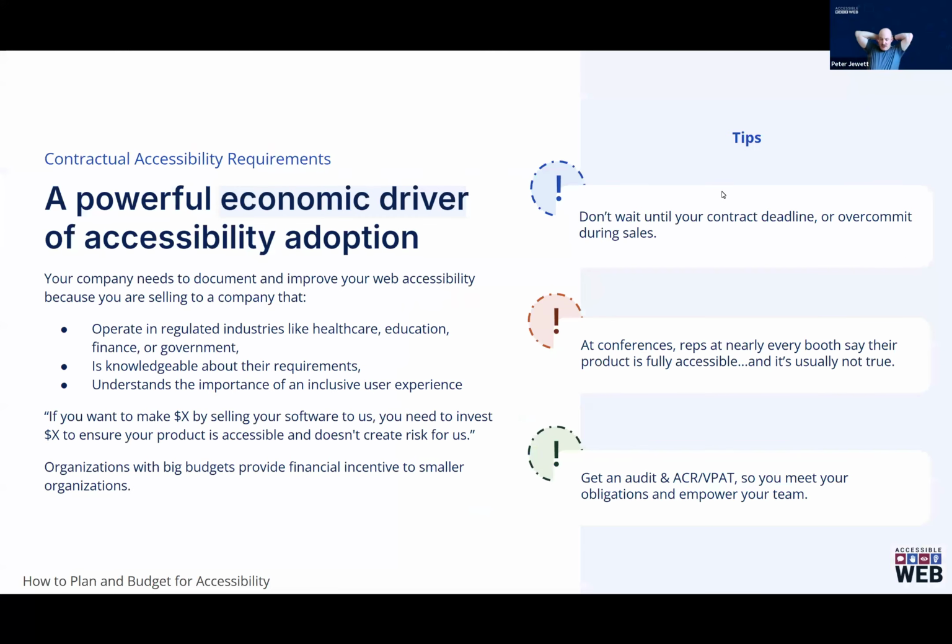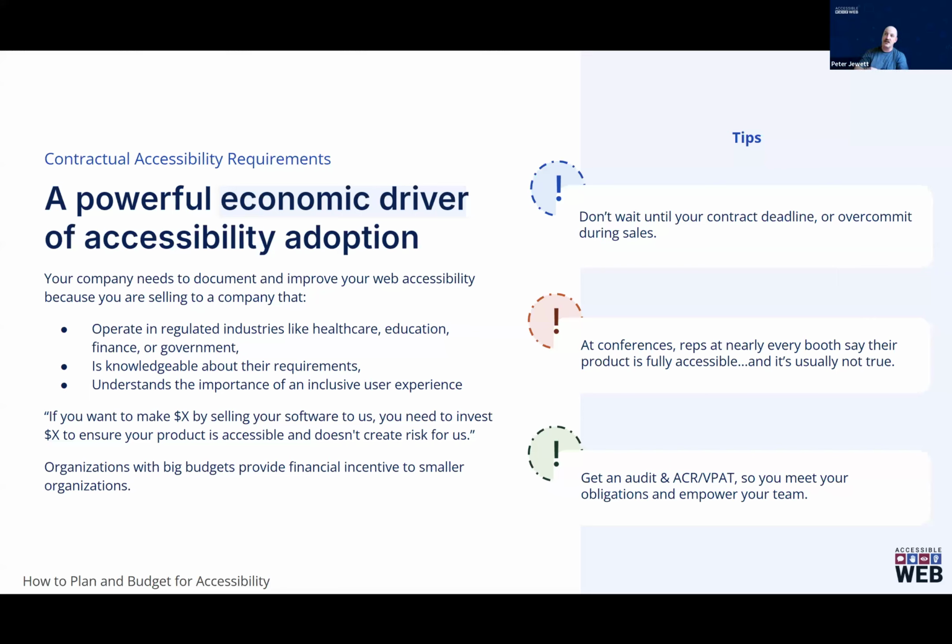So these situations are where we just had a call today where someone had a higher ed university that wanted to buy a piece of software. And in order to buy the piece of software, that university, because they take federal money as part of their funding mix, they are responsible for procuring accessible tools and services.